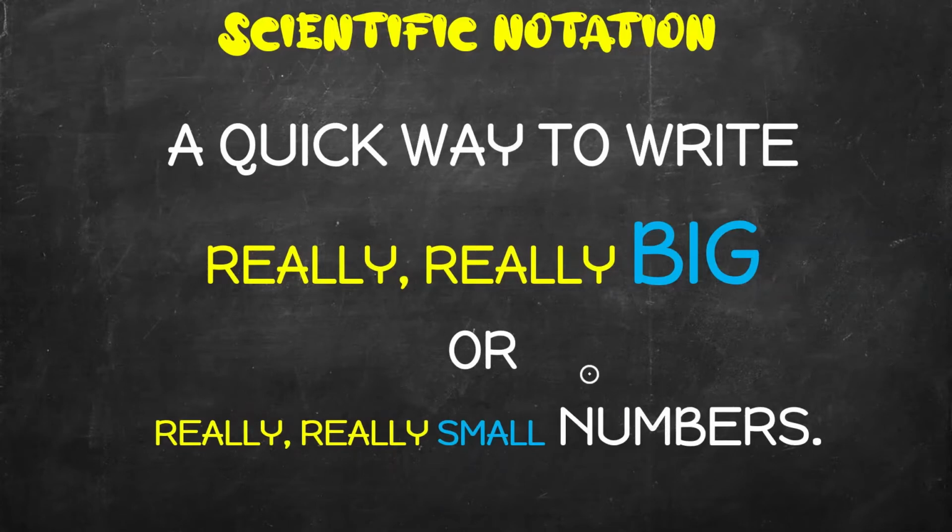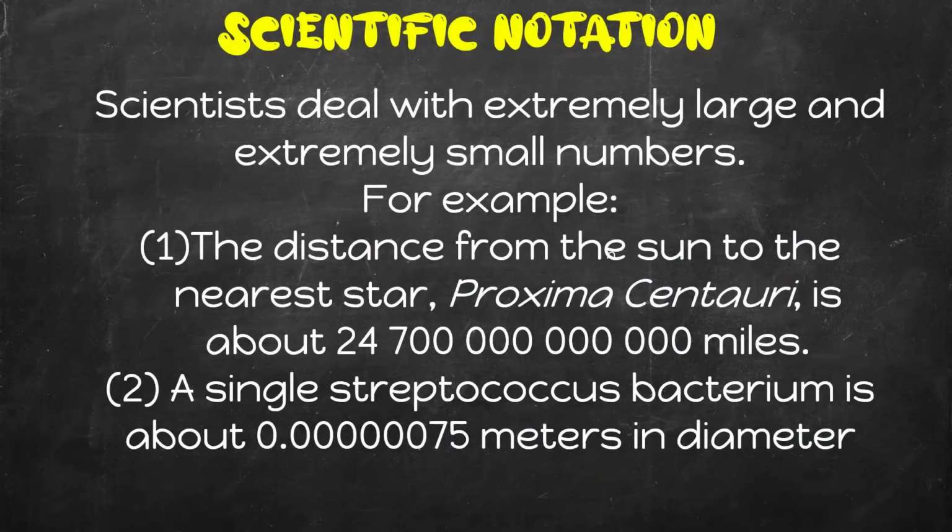Okay, bakit na-discover si scientific notation? So, scientists deal with extremely large and extremely small numbers. Pag sinabi natin extremely, sobrang laki, extremely large, extremely small, at sobrang liit naman na numbers. Isang halimbawa lang itong mga to ha. Una, the distance from the sun to the nearest star, which is the Proxima Centauri, is about 24 trillion 700 billion miles.